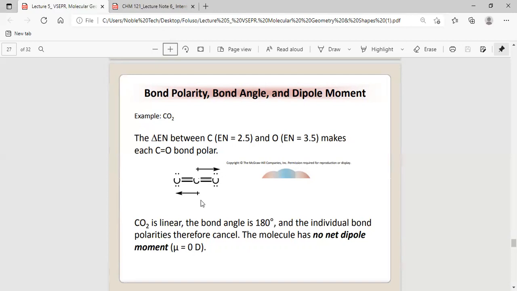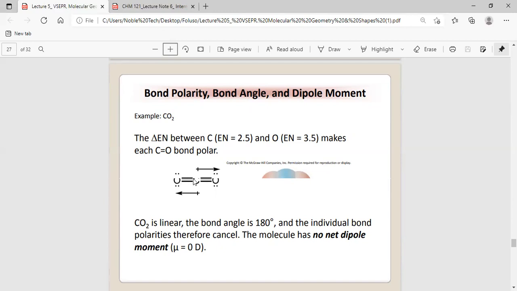Some of you did not get that in the class quiz. It's a linear molecule. The bond between carbon and oxygen is polarized towards oxygen because oxygen has higher electronegativity than carbon. The electronegativity of oxygen is 3.5, that of carbon is 2.5.